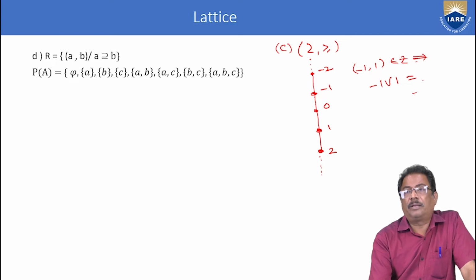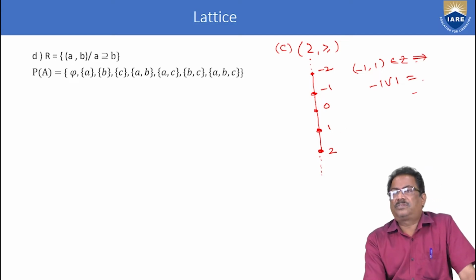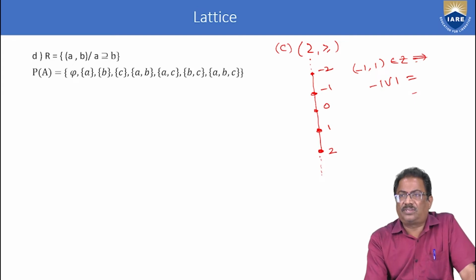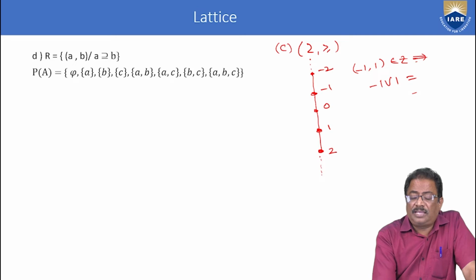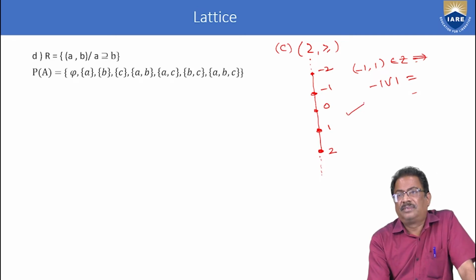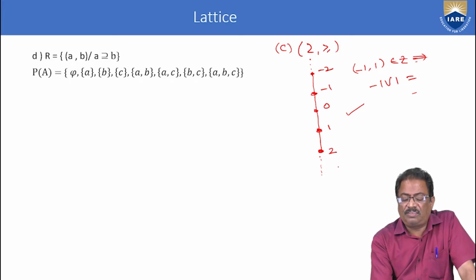So I am just taking 1. And of course, the greatest lower bound, I am going to consider as minus 1. So for every pair of elements, if I consider from this side, the least and the greatest elements exist. So this is known as a lattice.